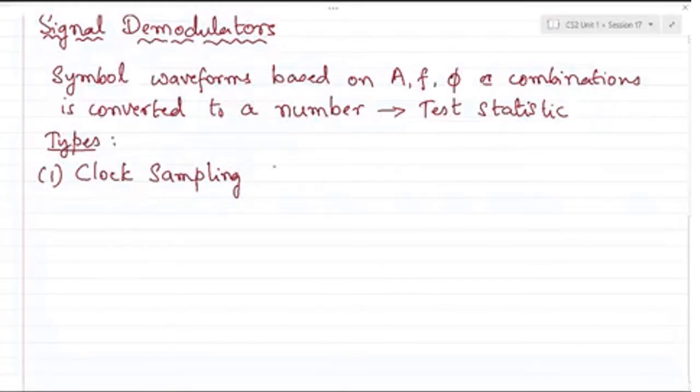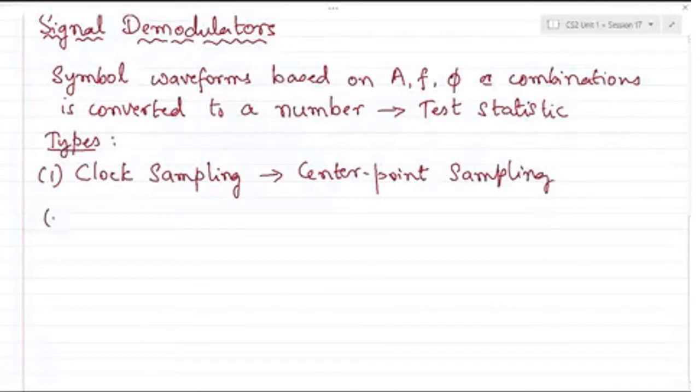But the discussions are not complicated, so you can just follow the class lectures. Clock sampling is also known as center point sampling, or CP sampling. And there is another type of demodulation known as averaging filter, or averaging over a symbol period.